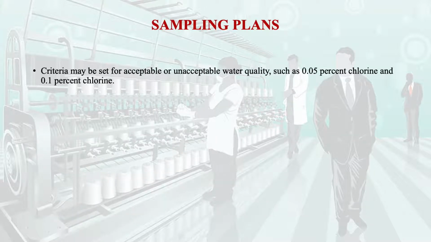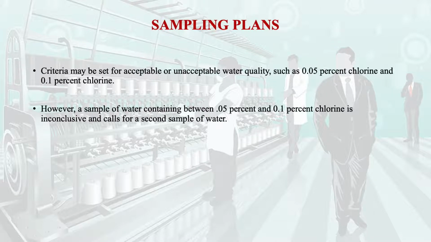Criteria may be set for acceptable or unacceptable water quality, such as 0.05% of chlorine or 0.1% of chlorine. That is the range of acceptance. However, a sample of water containing between 0.05% to 0.1% chlorine is inconclusive and calls for a second sample.